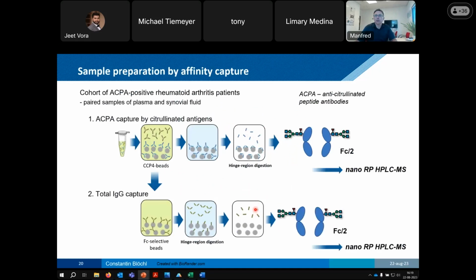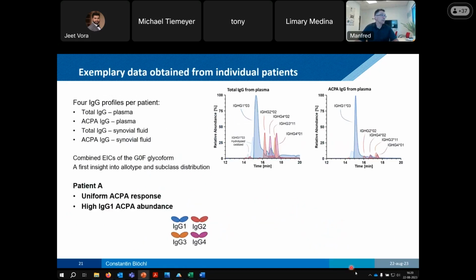To show you some data on this, we did this for the autoantibodies, and also for bulk antibodies. We generated these Fc half portions, CH2 and CH3 domain with a glycan on, and we did an LC-MS analysis to assess glycosylation. We did this in this case for one patient. I show the data where we have the plasma IgG, total IgG, and then also the autoantibodies from plasma.